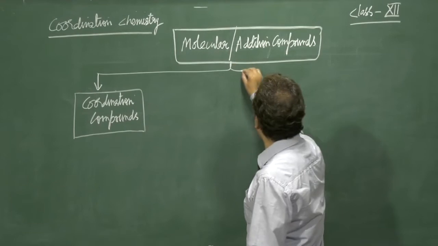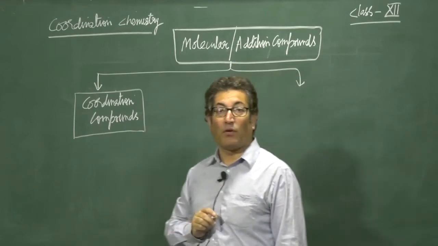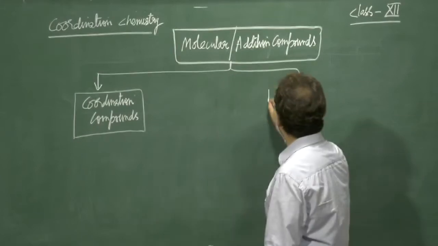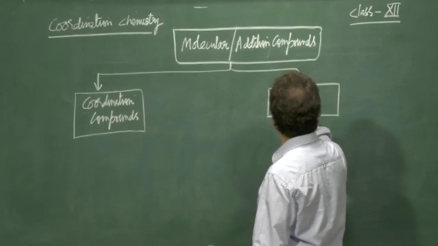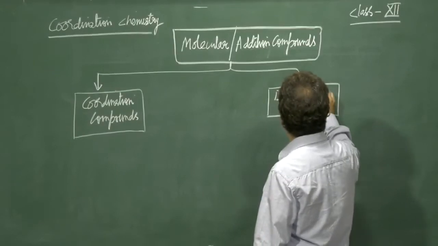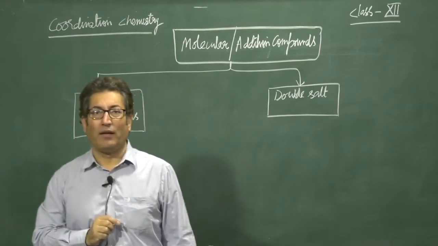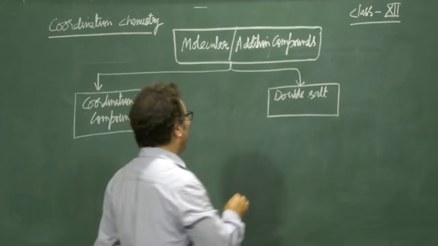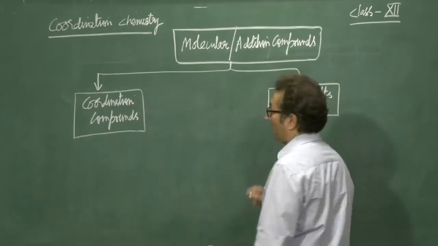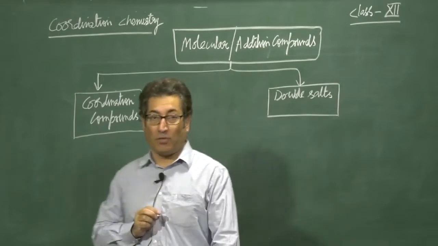The second type of molecular, or addition, compounds are the double salts. So a very simple one-mark question can be asked: differentiate between the coordination compounds and the double salts. What is the difference? Both of them are actually molecular compounds.